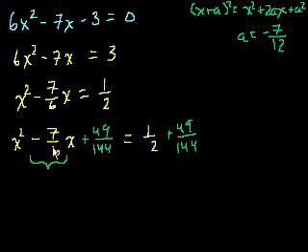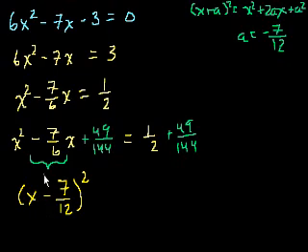What's our next step? Well, we now know it is a perfect square. In fact, we know what a is. A is minus 7/12. And so we know that this left-hand side of this equation is x minus a, or x plus a, but a is a negative number. So x plus a, and a is negative, squared.